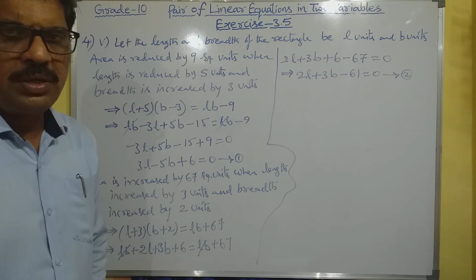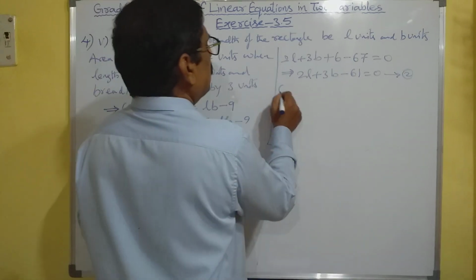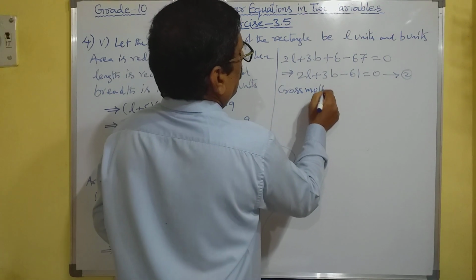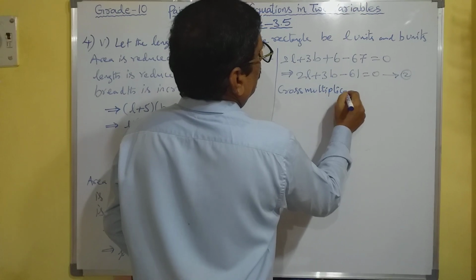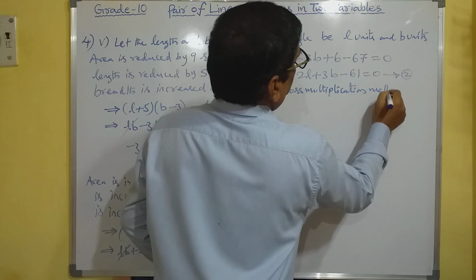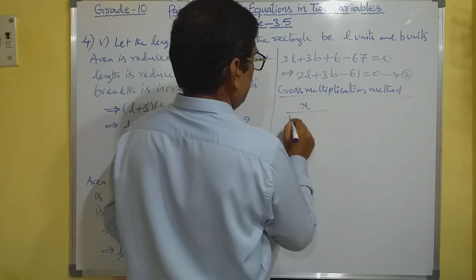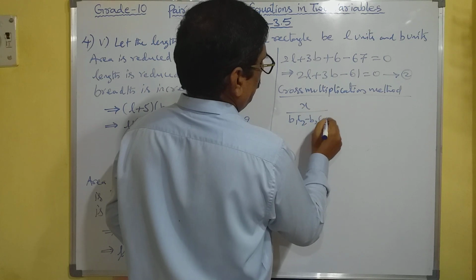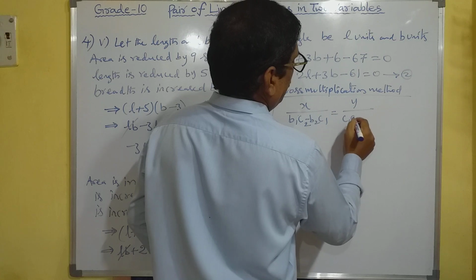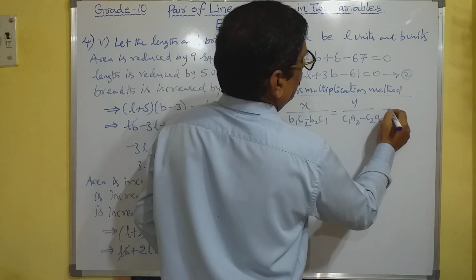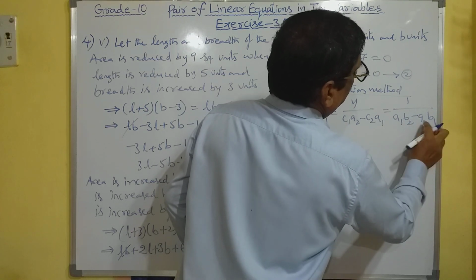Let us solve by any method. Shall we solve this problem by using the cross multiplication method? As I told you, you can do any method to solve. So what is that? X by B1 C2 minus B2 C1, Y by C1 A2 minus C2 A1, is equal to 1 by A1 B2 minus A2 B1.